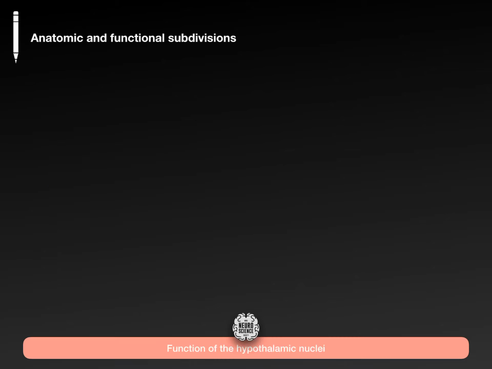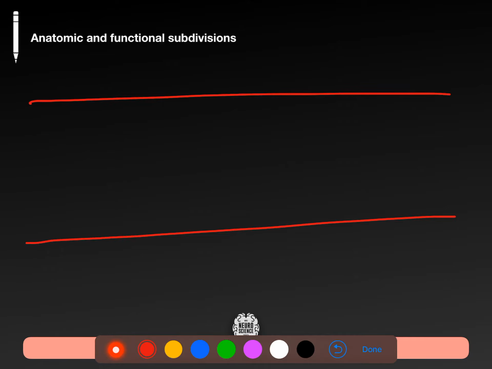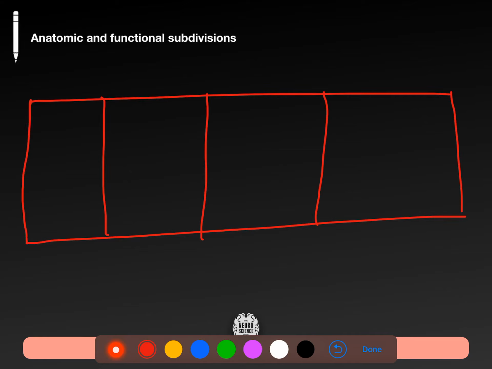Well, there are 4 different regions of the hypothalamus that we can divide it into anatomically, with subsections of nuclei. So I'm going to draw 4 regions here now. And because they're so small, unless you're doing really exquisite histological sampling, you don't need to know anything beyond these granular details here.